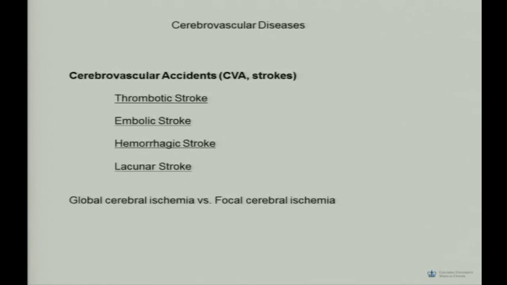They affect a particular set of vessels in the brain, or a particular vessel in the brain, and then that's going to cause ischemia to a particular part of the brain.